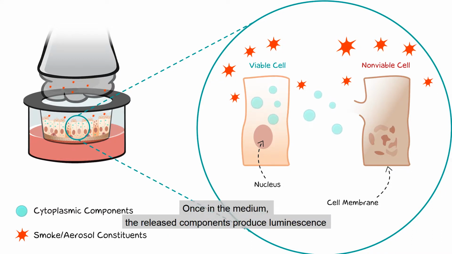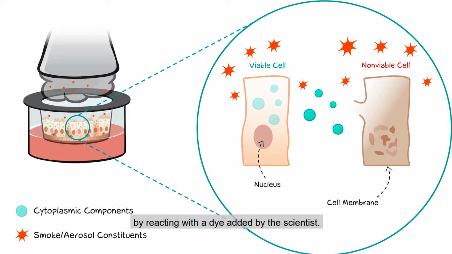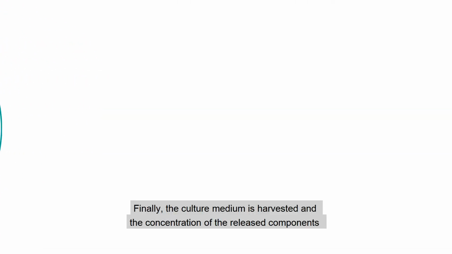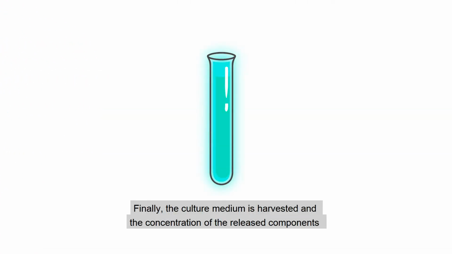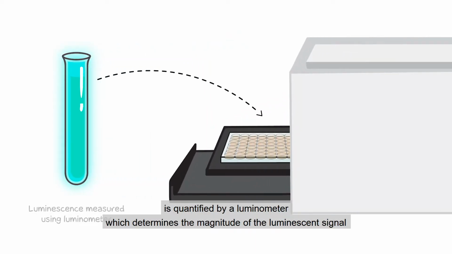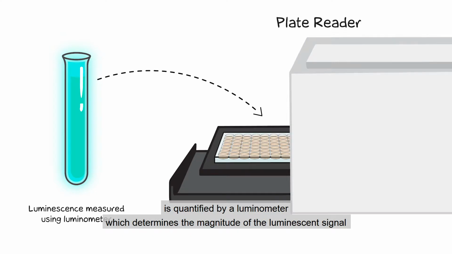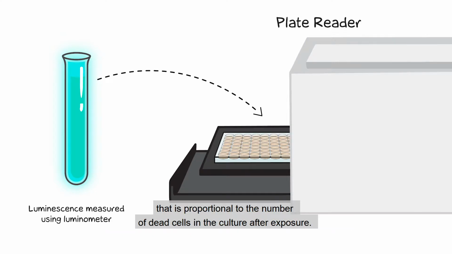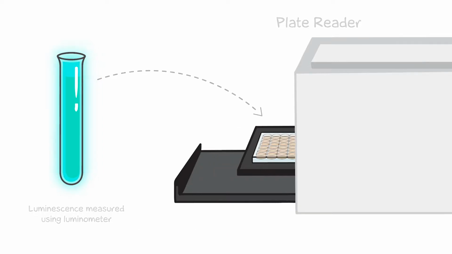Once in the medium, the released components produce luminescence by reacting with a dye added by the scientist. Finally, the culture medium is harvested and the concentration of the released components is quantified by a luminometer, which determines the magnitude of the luminescent signal that is proportional to the number of dead cells in the culture after exposure.